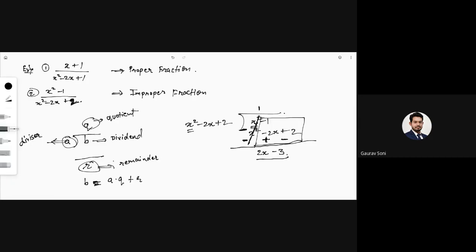So this is called the division algorithm, and it says that the dividend is equal to divisor into quotient plus remainder. So in this, dividend x square minus 1 will be equal to x square minus 2x plus 2, the divisor, into quotient 1 plus remainder 2x minus 3. Is everyone clear up to this?